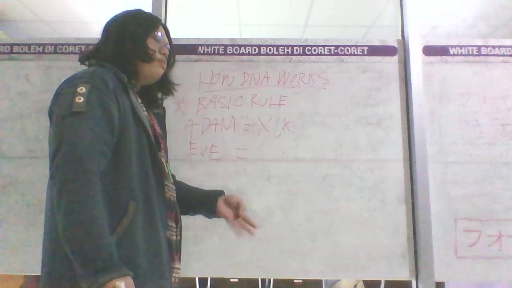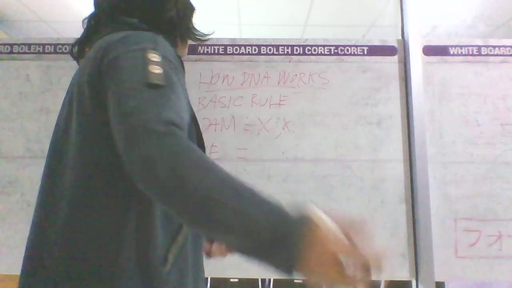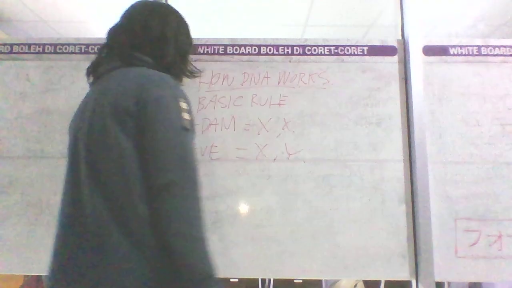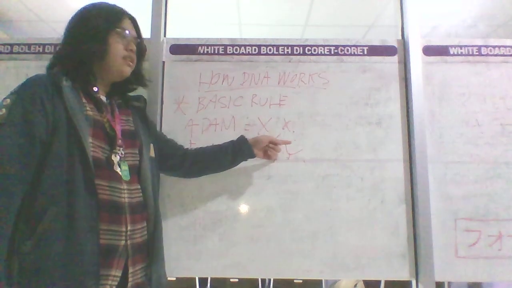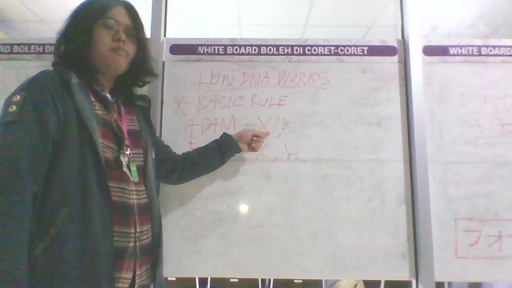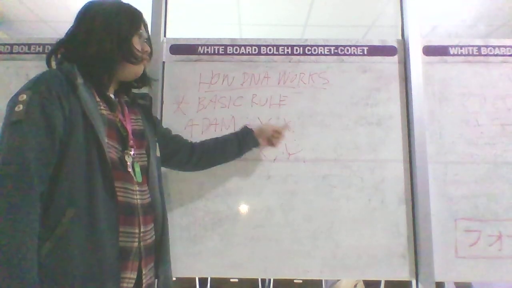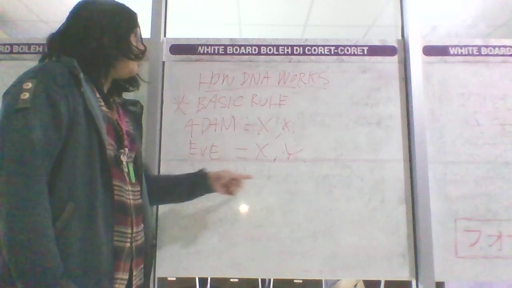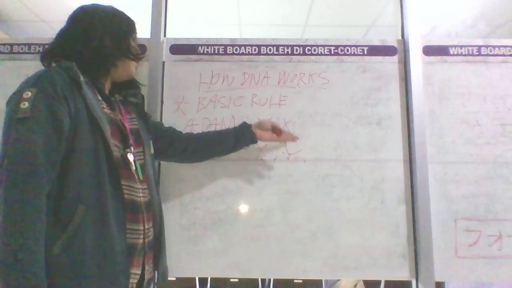In biology, approaching mathematically, we separate to X and Y. So X and X, the first X comes from Adam. So the whole basic of X and double X is from Adam's parental of how DNA works.